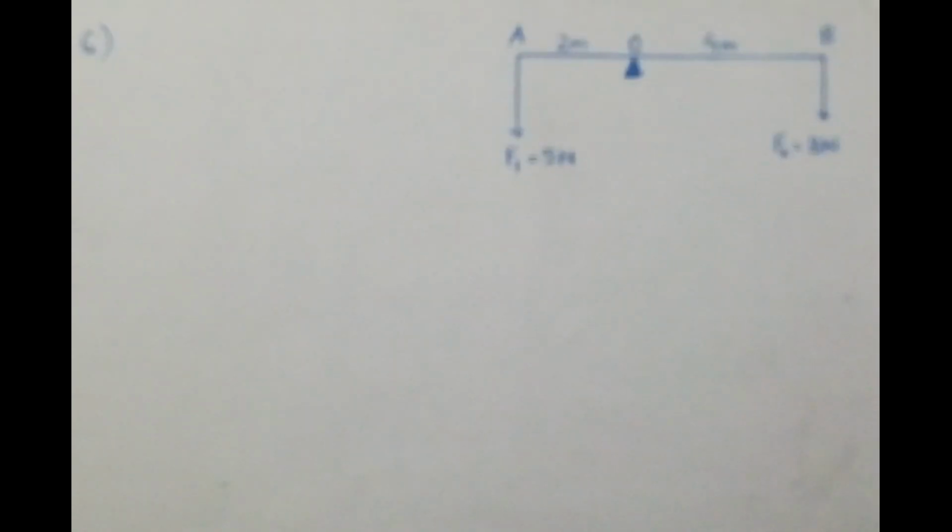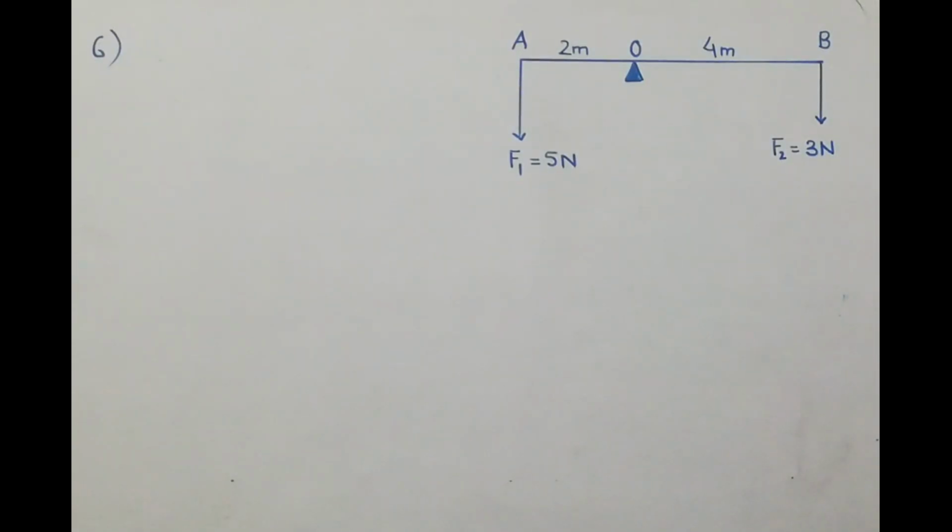Now see in this numerical number 6. In numerical number 6 they are saying from the given diagram calculate first part the moment of F1 about O. Now O is given as the point of rotation and you have to calculate moment of F1 about O. So you can see in the diagram distance of F1 from O, that is the point of rotation, is 2 meter.